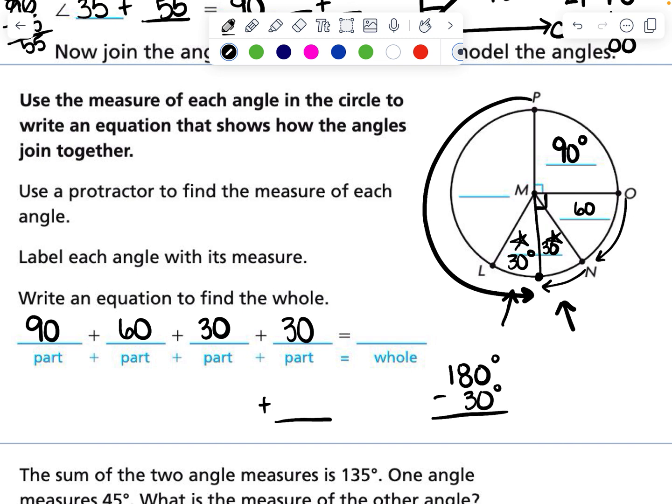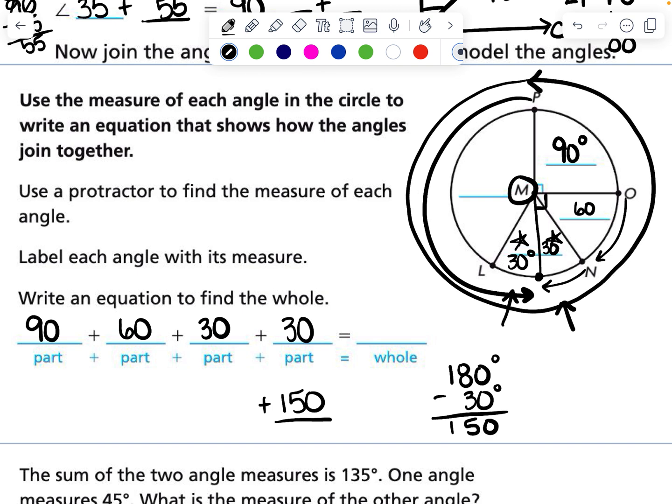If you're looking at classifying angle M, we know it's obtuse, we know it's greater than 90. If I use subtraction and I separate those angles, the other part of my circle is 150. Knowing what we do about circles, the total distance around from start to finish is 360 degrees.